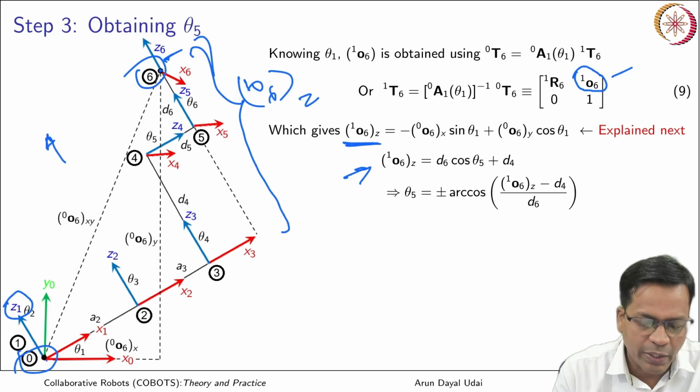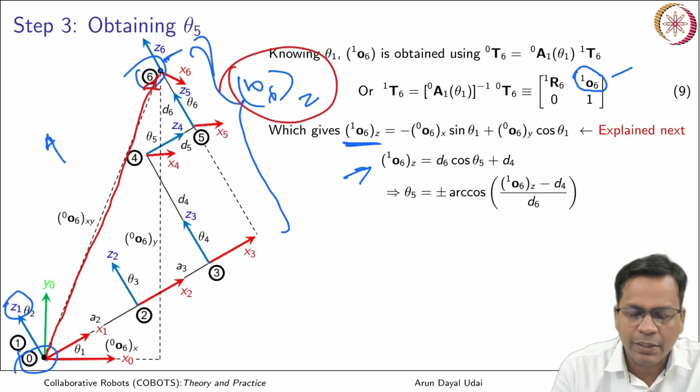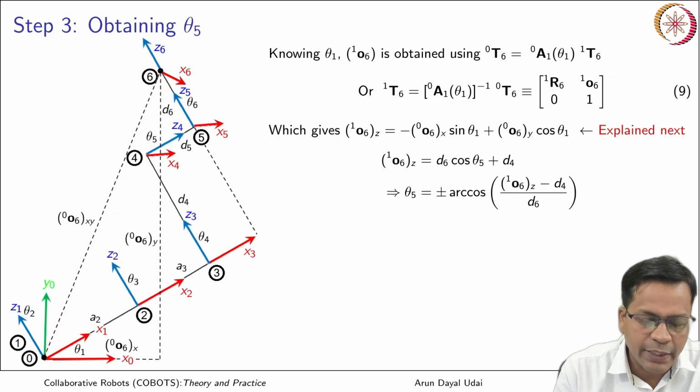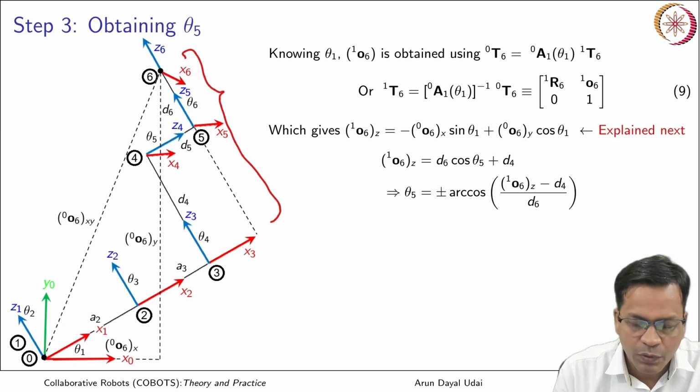If this is the vector, let me just draw it. If this is the vector, the Z component is this one. That is equated to two things here. I have just cleaned it up. So this is your Z component, which is equal to two things.